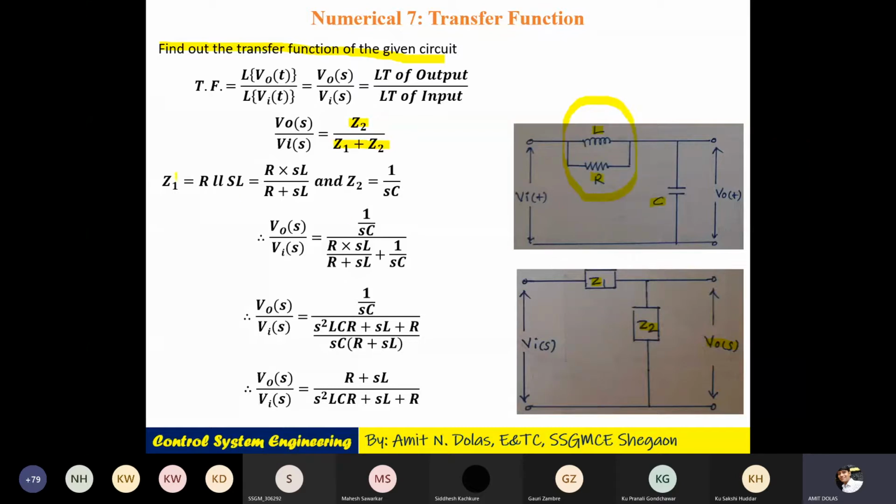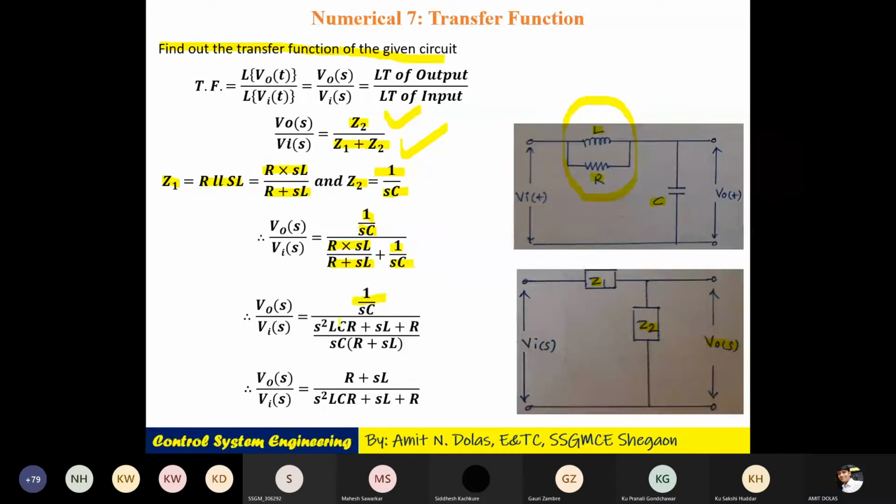So there is a slight change here, so we'll calculate it. Z1 is R parallel to SL, then it will be R into SL divided by R plus SL, and Z2 is 1 by SC. Putting the values of Z1 and Z2 in the above equation, we get 1 by SC divided by R into SL divided by R plus SL plus 1 by SC.